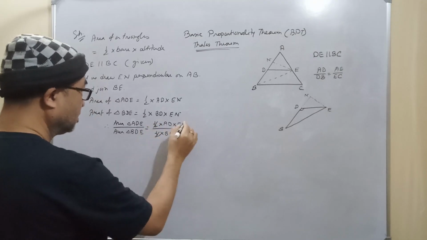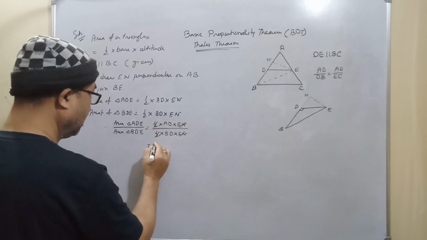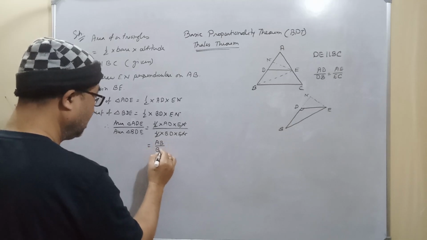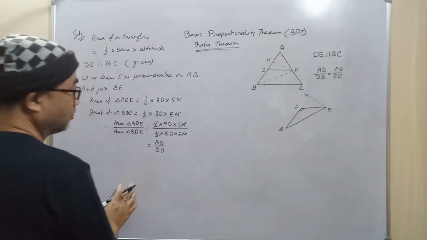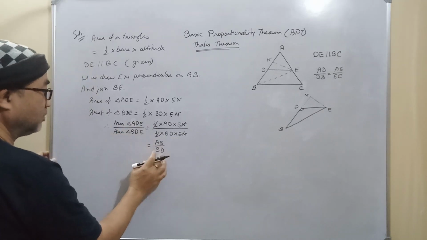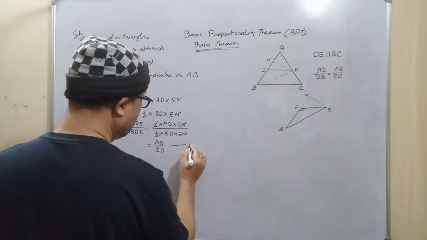This cancels out. We get AD by BD. Okay. So area of ADE by area of BDE is AD by BD. Suppose this is number 1.